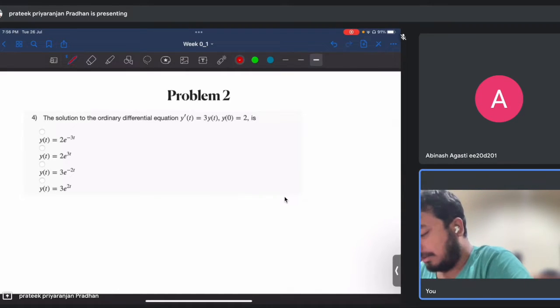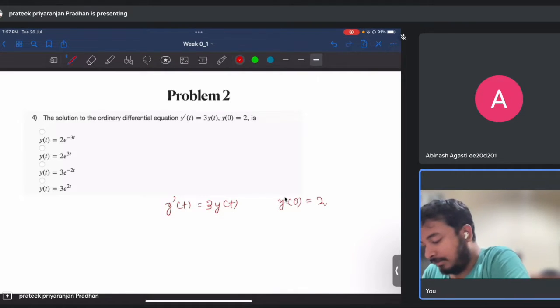Coming to the second question: the solution to the ordinary differential equation y dash of t is equal to 3 y of t, given the initial condition y of 0 is equal to 2. We can write it as dy by dt is equal to 3 y of t.